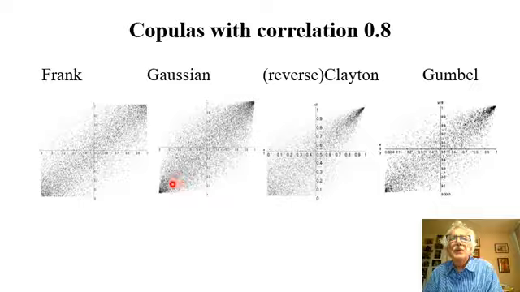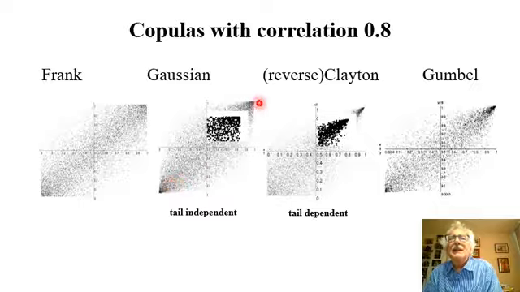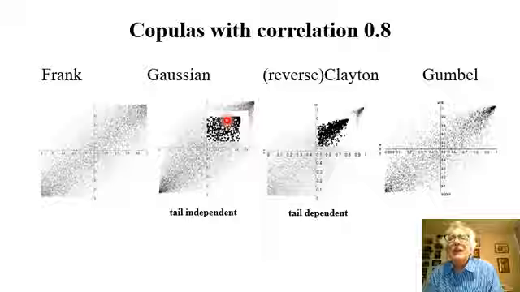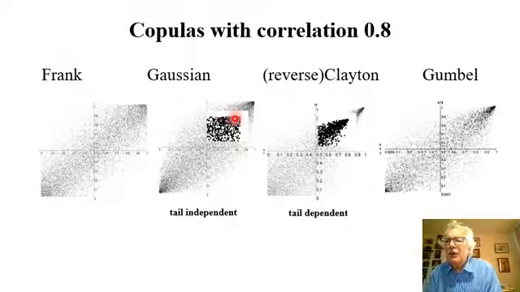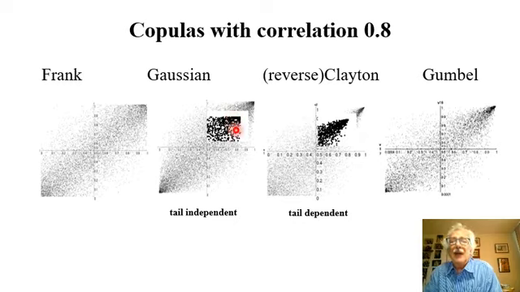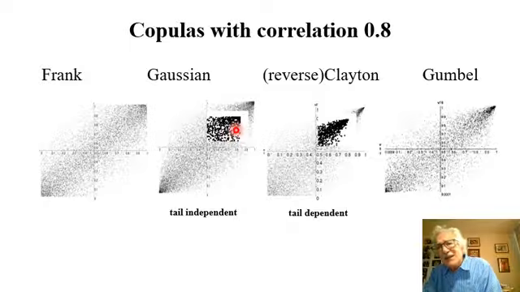There is some contribution in the upper and lower corners, but if we look very closely at this upper corner, we see that it's actually tending to the uniform distribution. As I get closer and closer to this corner, it becomes more and more uniform. And that means that the Gaussian copula has tail independence. So if one variable is known to exceed a very, very high percentile, the other variable tends to be independent of that first variable.